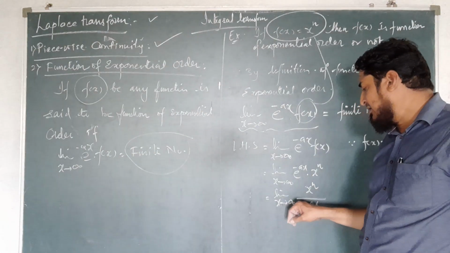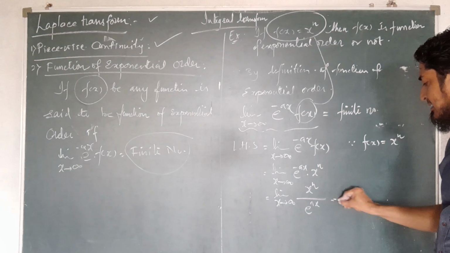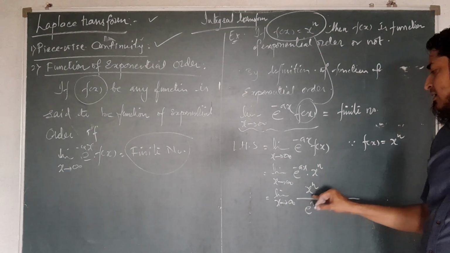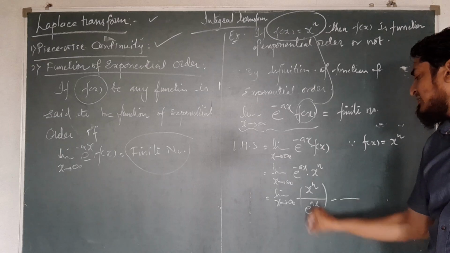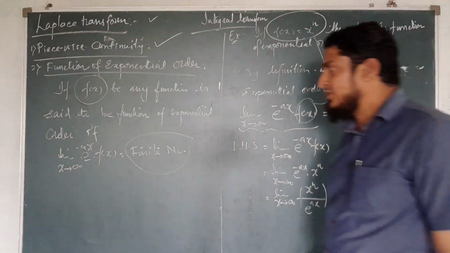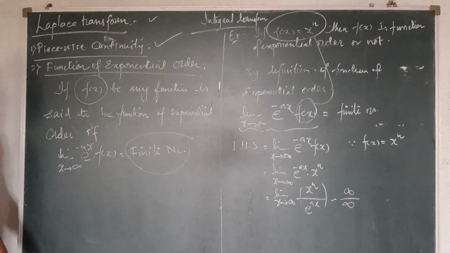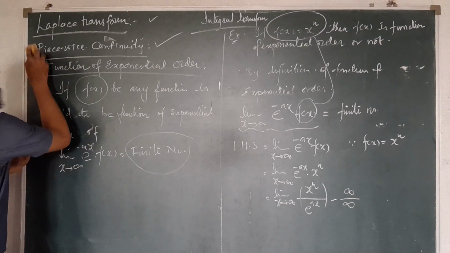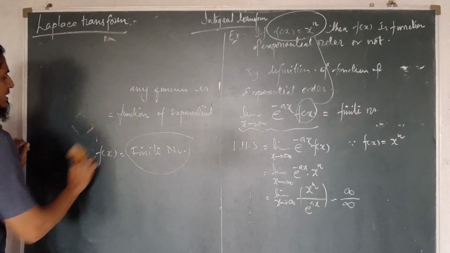If we put the limit of x in this expression, we will get infinity upon infinity, which is an indeterminate form. So we can solve this type of example by using L'Hopital rule.